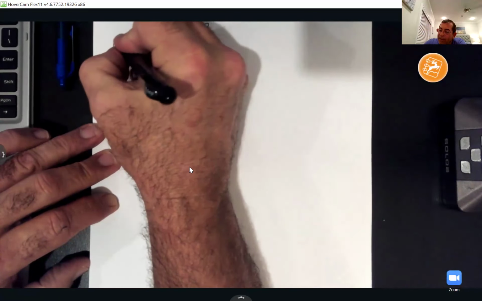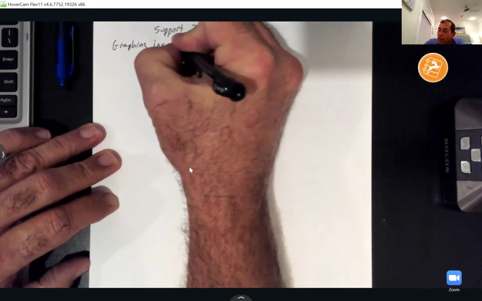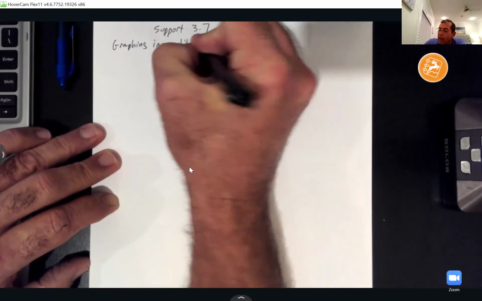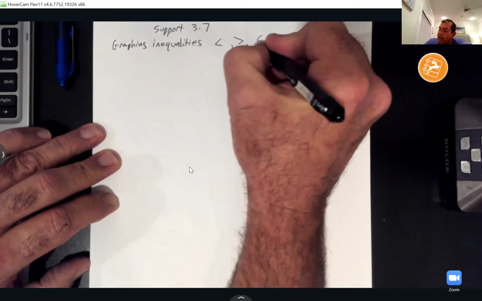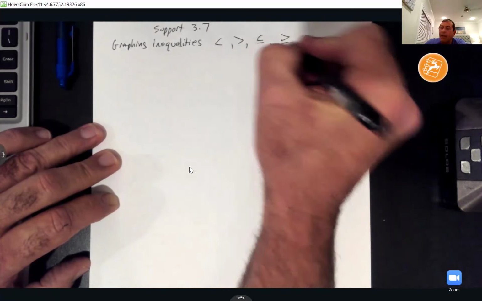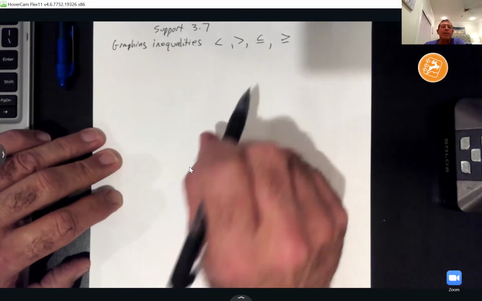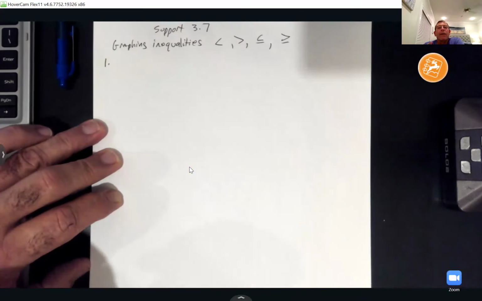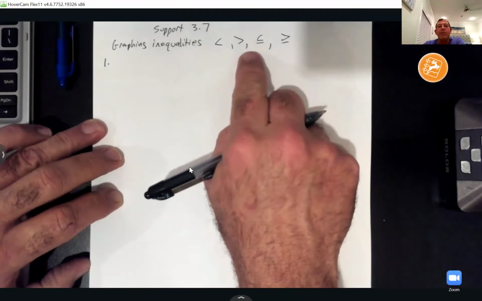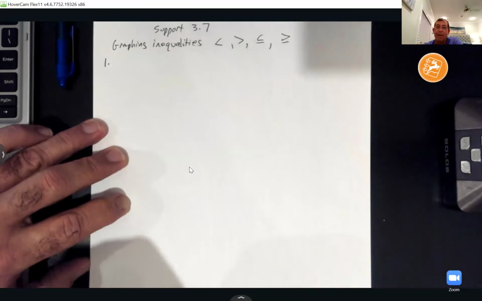So when you're graphing inequalities, inequalities are less than, greater than, less than or equals, and greater than or equals. So these are your inequalities. So when you're graphing inequalities, these are going to result in a shaded graph, and I'll show you how in a second.